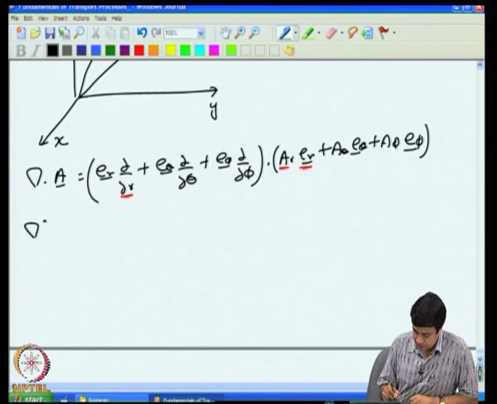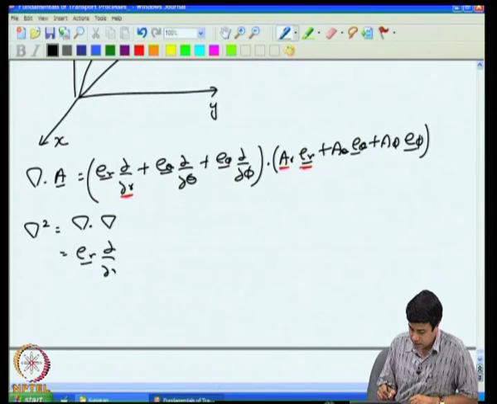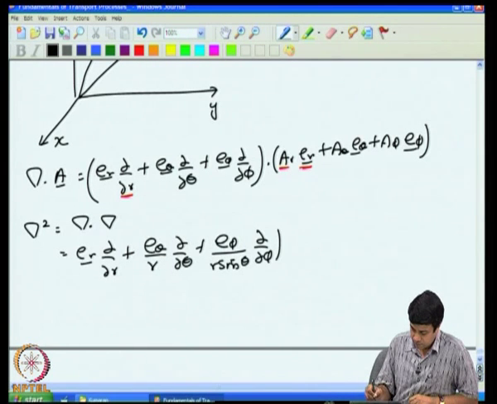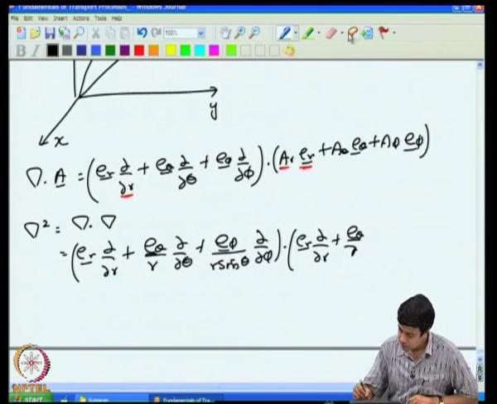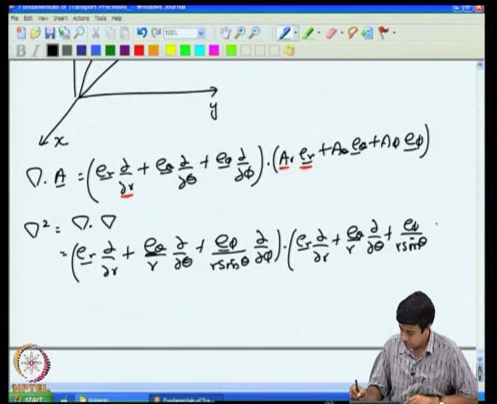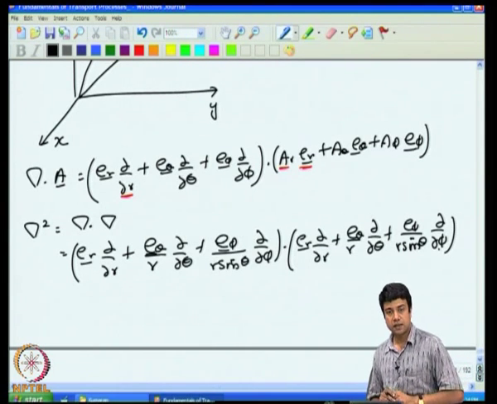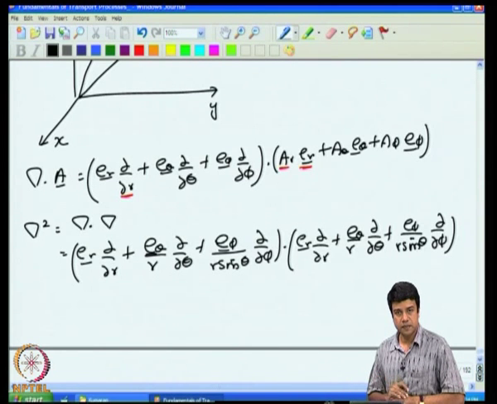del square is equal to del dot del, which will be equal to E_r d by dr plus E theta ... dotted with ... I have to take the derivatives of not just the components with respect to r, theta and phi, but also the unit vectors.